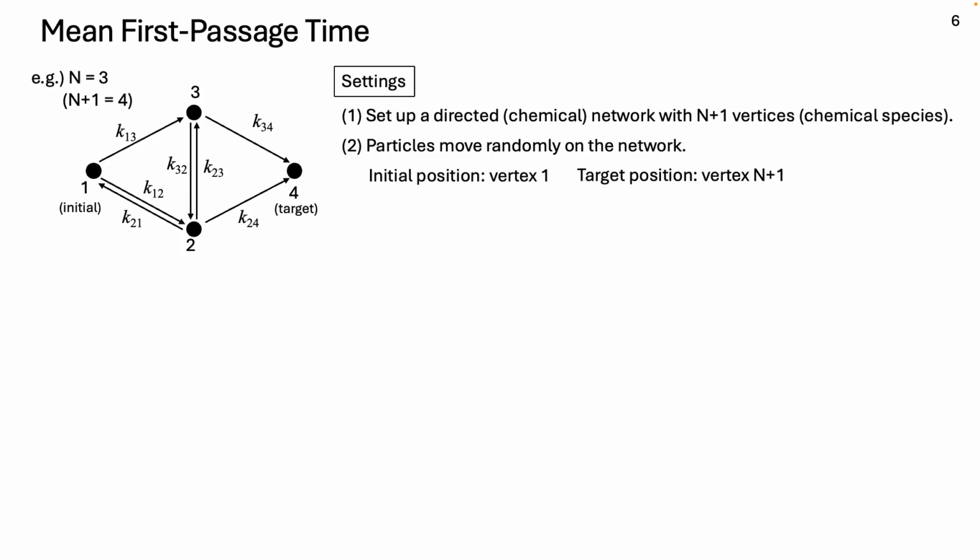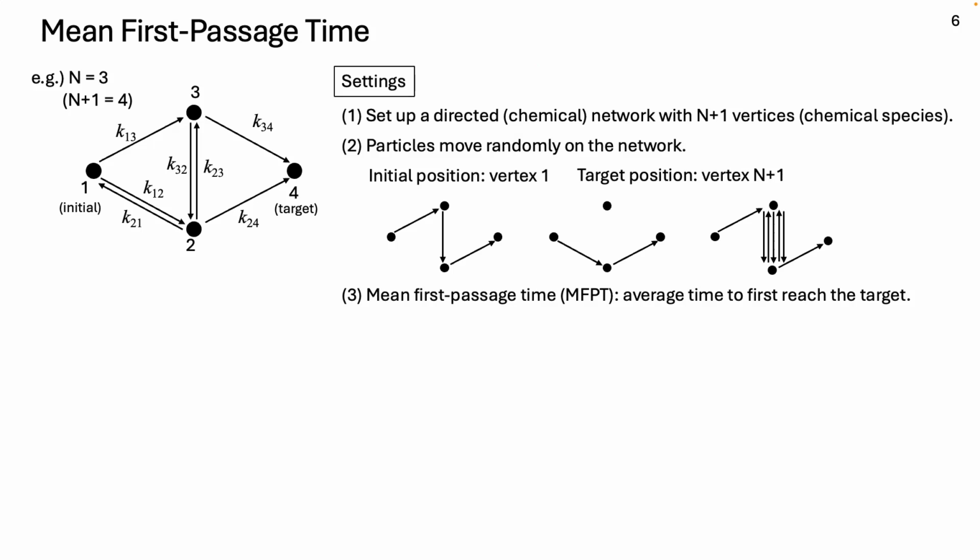In this example, n+1 is 4. Our goal is that we begin from stage 1 and want to reach stage 4. Some particles pass like this, some skip vertex 3, and some repeat, and then finally reach vertex 4.